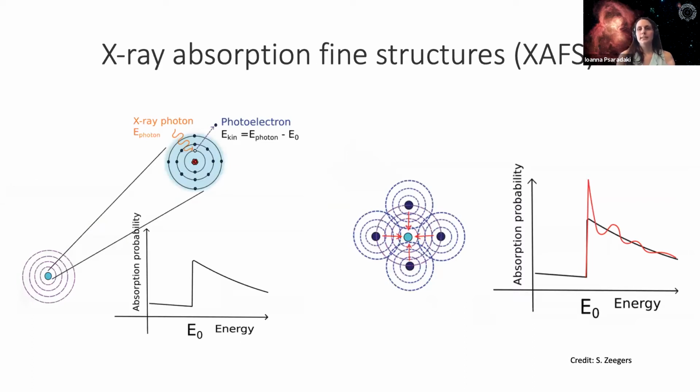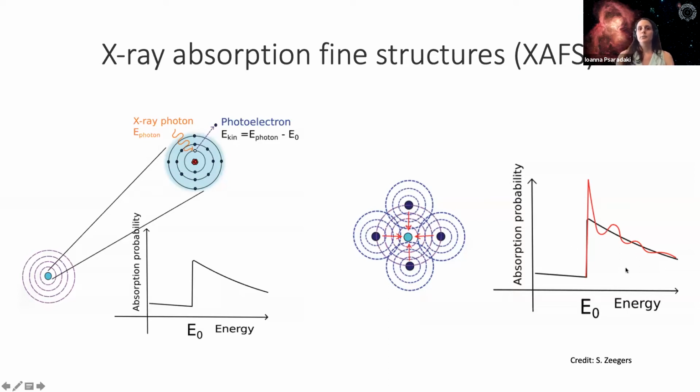In the case of a single atom, illustrated here, the absorption of a photon corresponds to a certain edge in the spectrum. Instead, when we have dust, we have multiple atoms together. So the outgoing photoelectron will interact with the neighboring atoms, and its wave function will be modified due to constructive and destructive interferences.